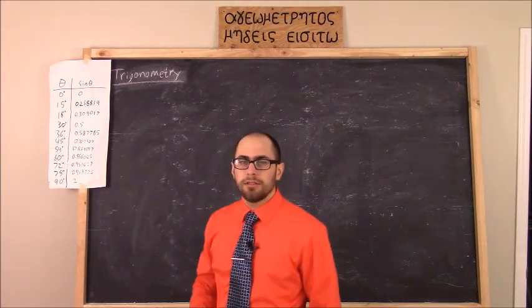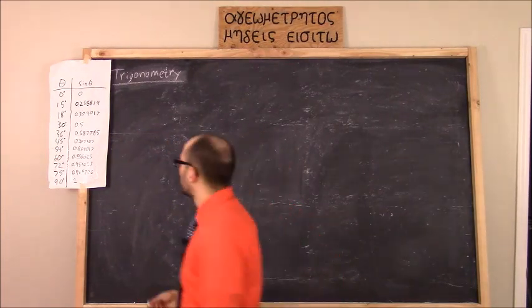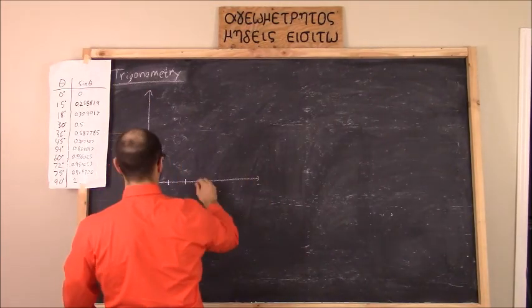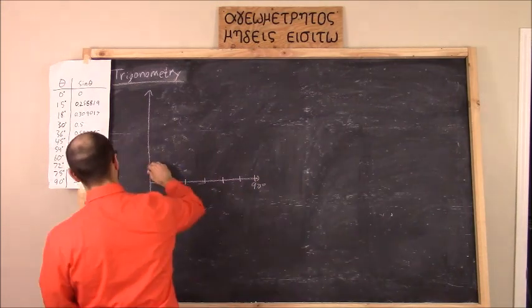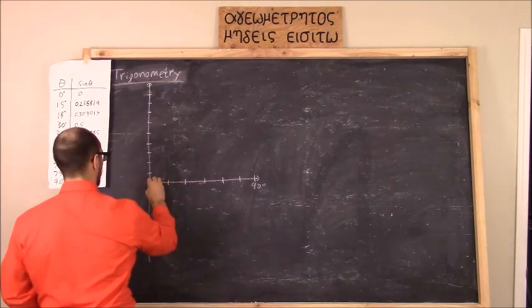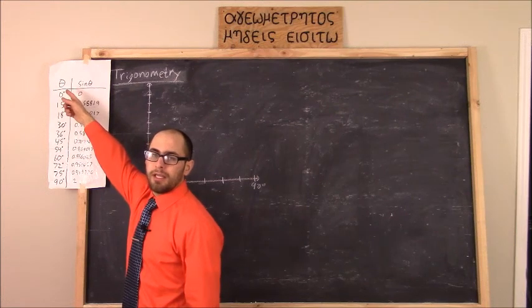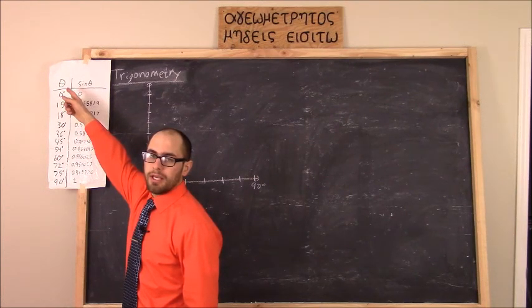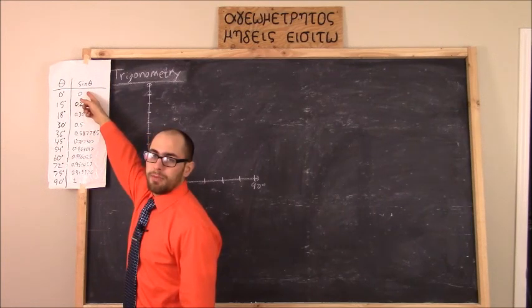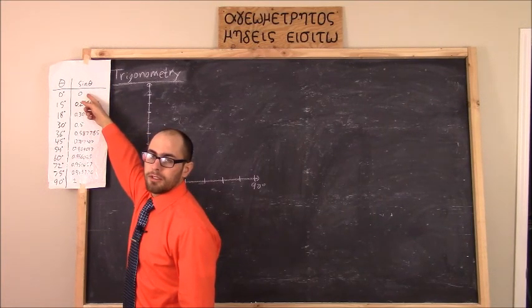Now what happens if I were to graph these? Theta is my independent variable. It is my input. Sine theta is my dependent variable, the output.